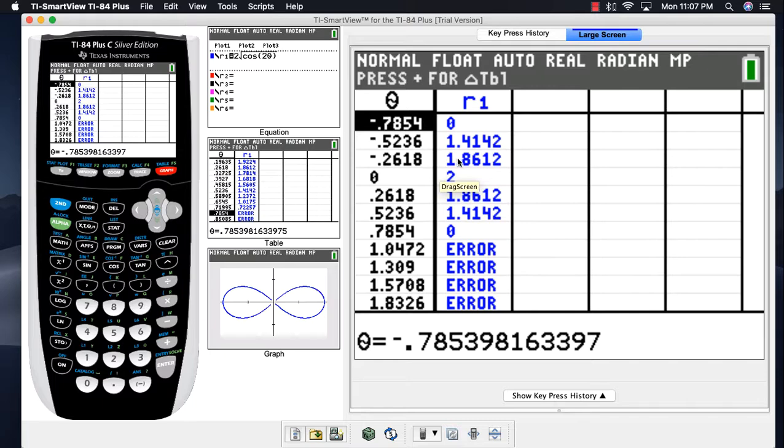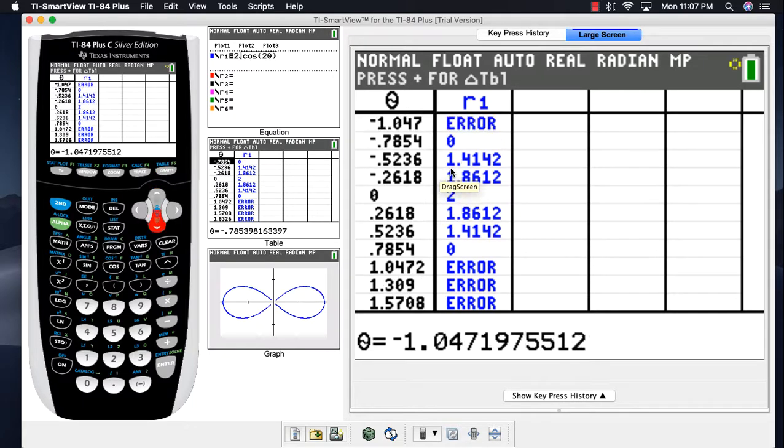And then it gives me some actual real values. And then at 0.7854, I go back to 0, and then all of a sudden it's error, right? Well, this basically shows me that I'm getting actual values from 0 to 0 here, then it's an error. And just so you guys know, if I were to pick values just before this decimal, I would get error also, because you're getting imaginary numbers there.